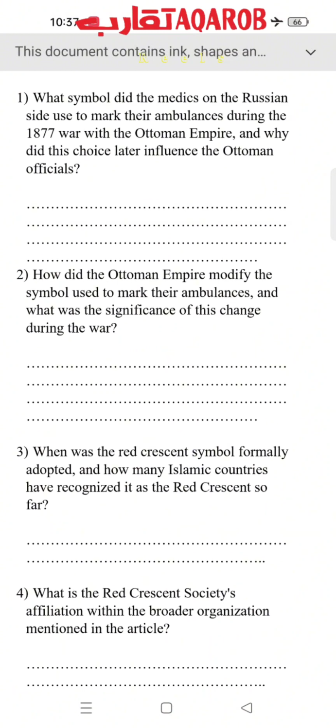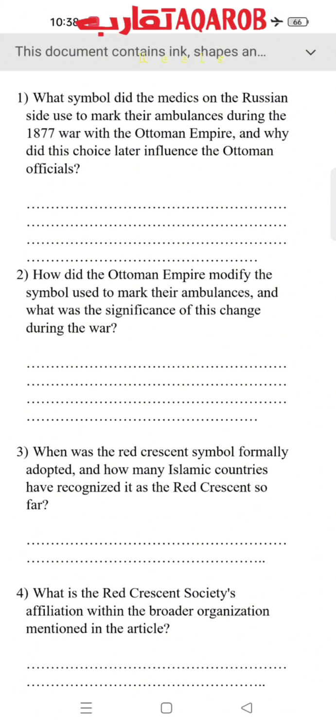What symbol did the medics on the Russian side use to mark their ambulances during the 1877 war with the Ottoman Empire, and why did this choice later influence the Ottoman officials?